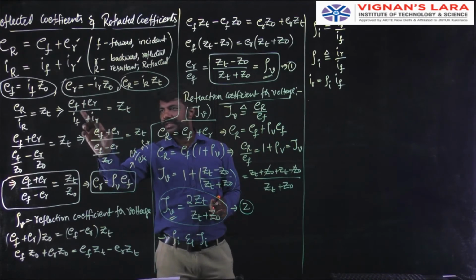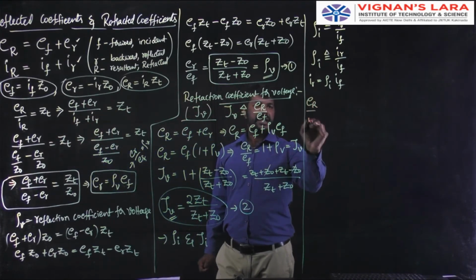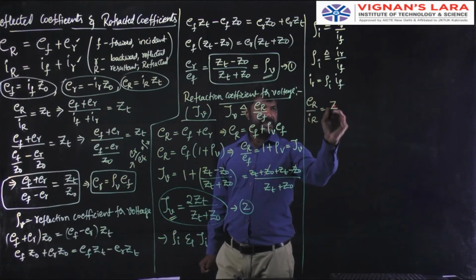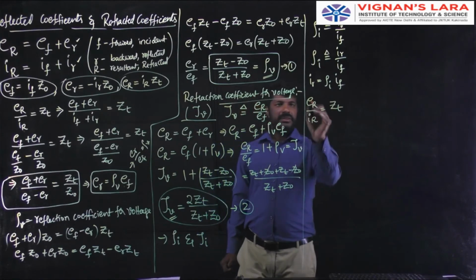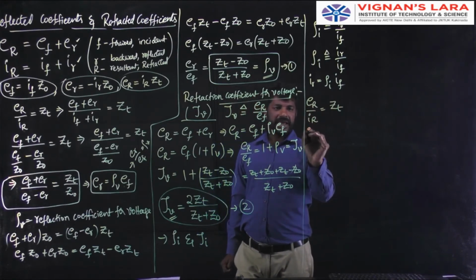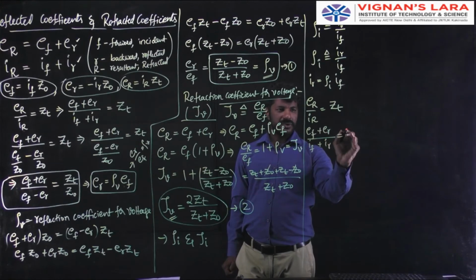I'll take it from the basic formula itself: capital ER by capital IR is equal to ZT. I'll simplify from here. The magnitudes are expanded as small ef plus small er by small if plus small ir is equal to ZT.